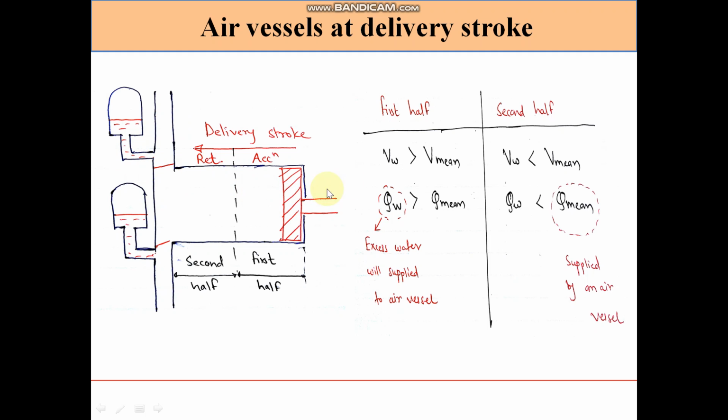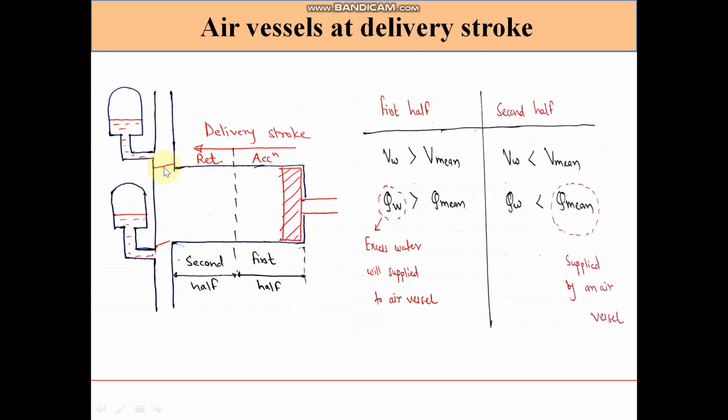In the first half, velocity of water is more than the mean velocity due to acceleration of the piston. So discharge of water should also be more than the mean discharge.